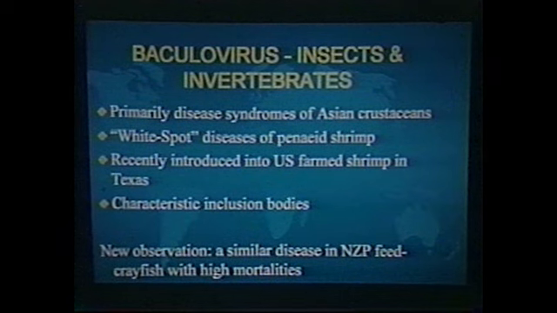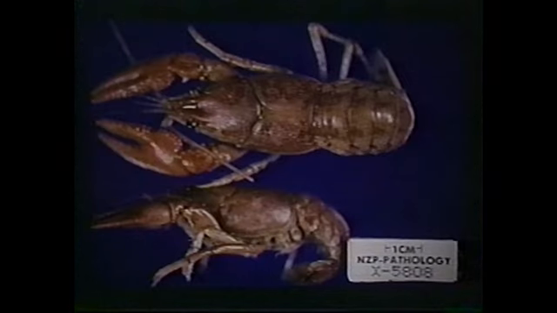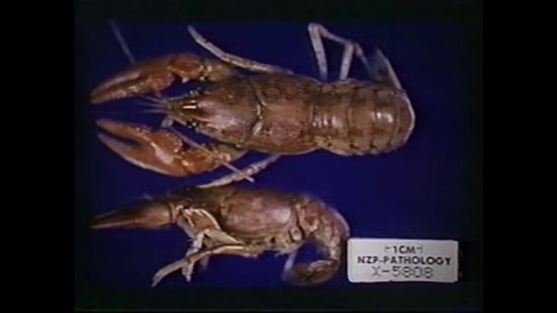And the new observation in our setting was that we had a similar disease in crayfish, which hadn't been reported before, that were purchased from vendors to feed our cephalopods, mainly octopus, cuttlefish, and nautilus, which thrive on the crayfish. Well, in 1995 we had an outbreak in the feed crayfish.